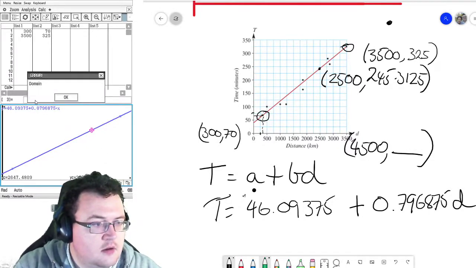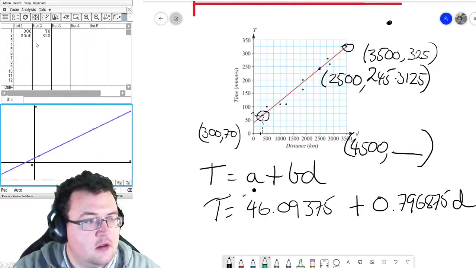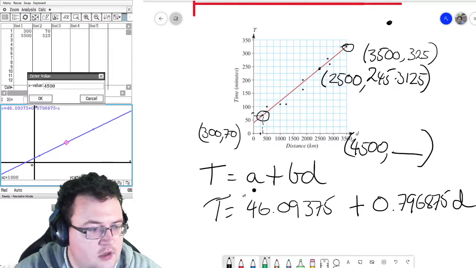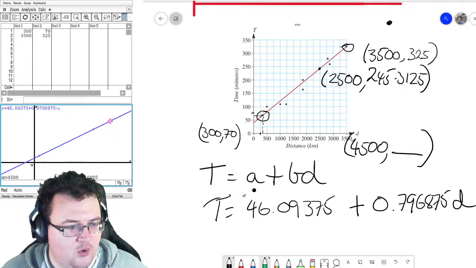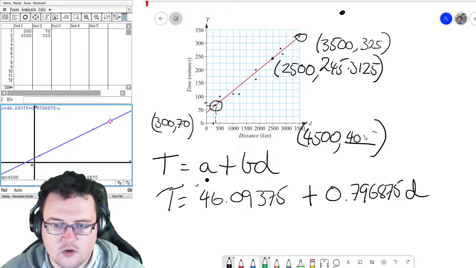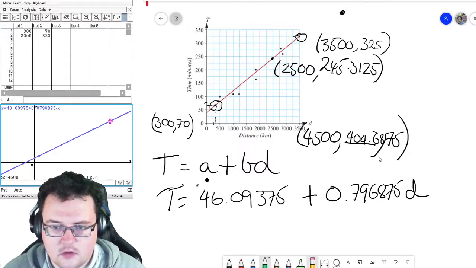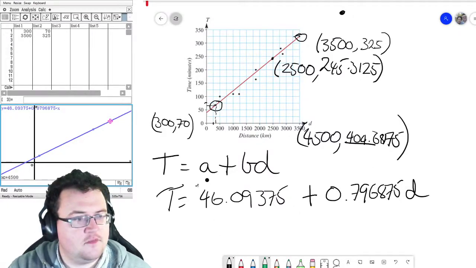It's going to say domain error, so we're going to zoom out a little bit. And then analysis, trace, 4,500. And it's going to come along as 404.6875.